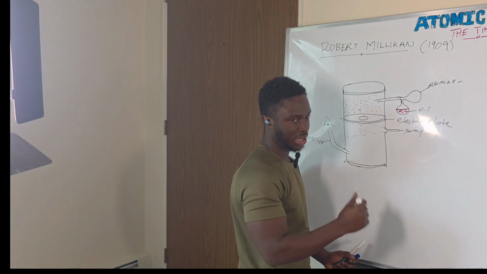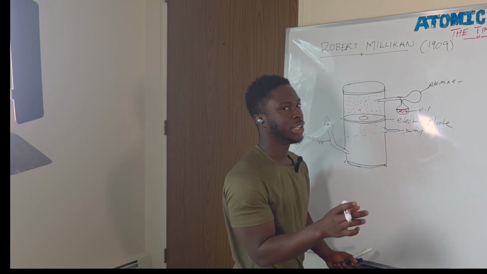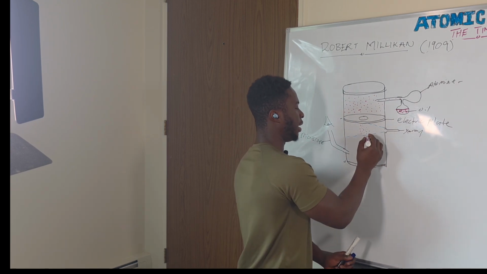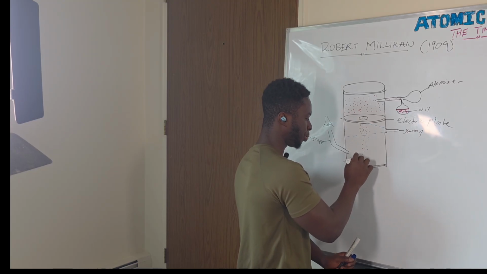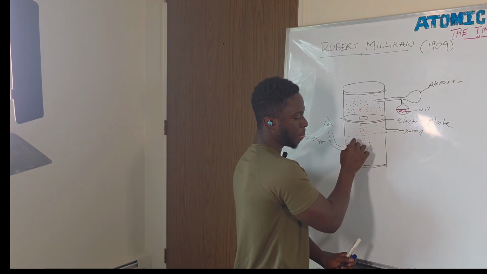They basically use that charge to bombard whatever is here to give it charge or to take some charge away from it. And then they will fall all the way to the other end of the plate.